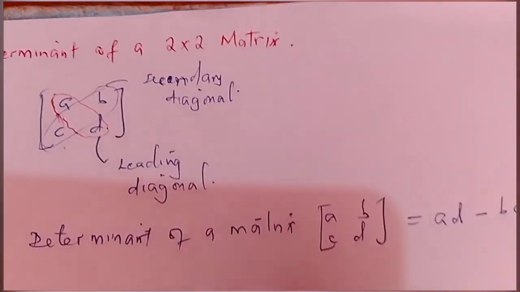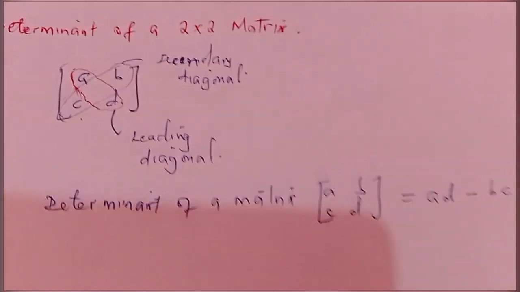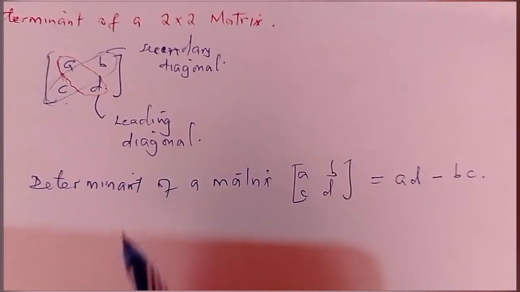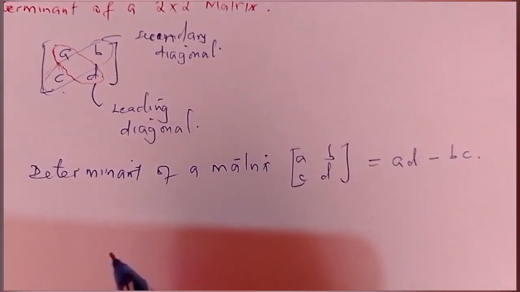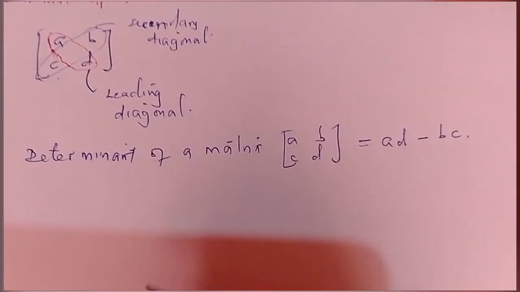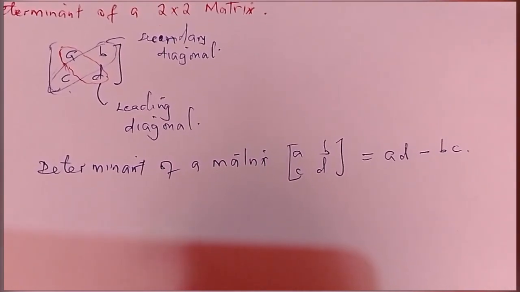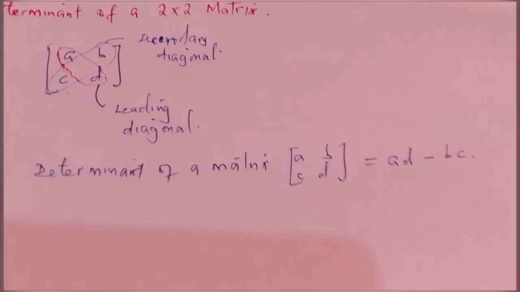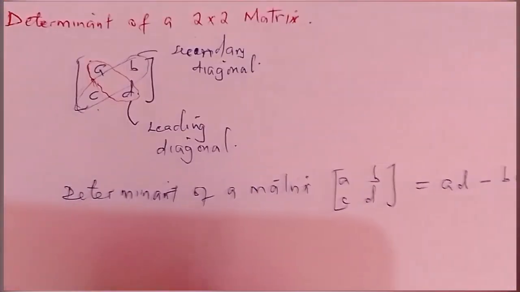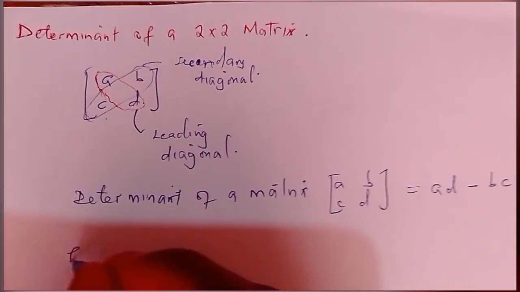Remember that the determinant of a matrix is always taken as positive, even if we calculate the value and get a negative one, we take it as positive. So let's use numbers. I have been using letters. Now let's look at this example.